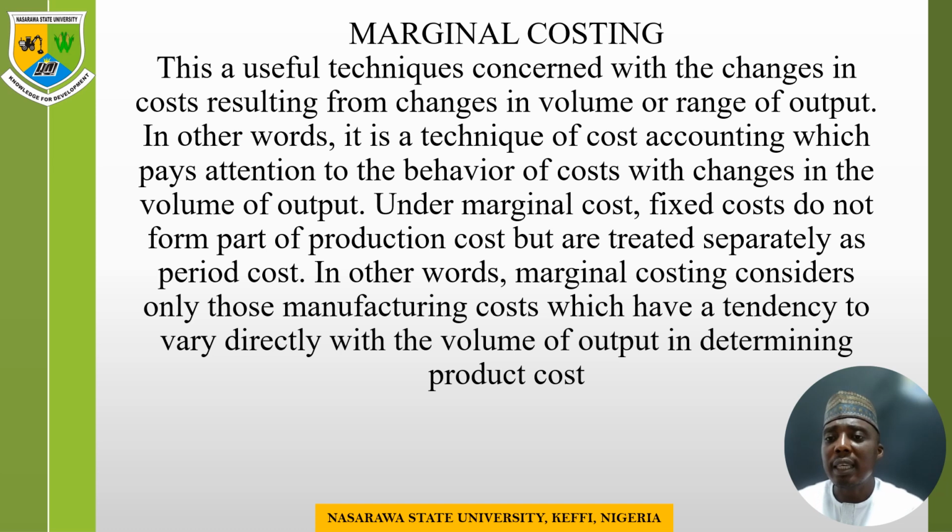The variable cost here is again a combination of direct material, direct labor, direct expenses, and variable overhead. So in marginal costing, the production costs also include fixed cost, or what we call a period cost, as indicated here.